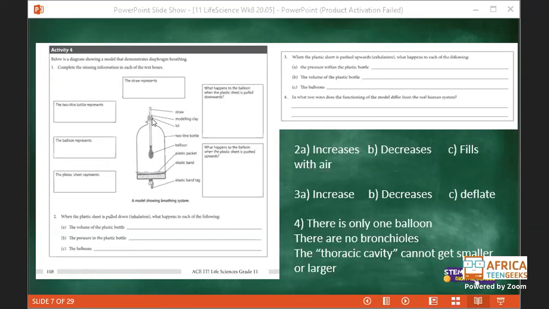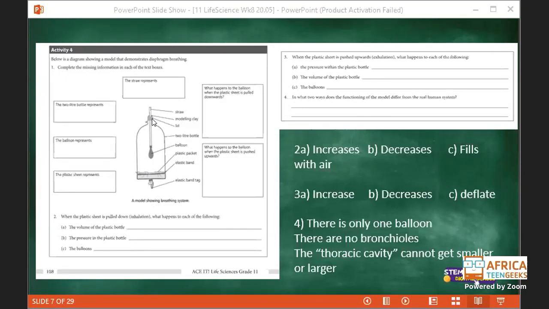Then we look again at the real human breathing system, where we have the trachea, which branches into 2 bronchus or bronchi. One bronchus goes to the right lung, and the other goes to the left lung.